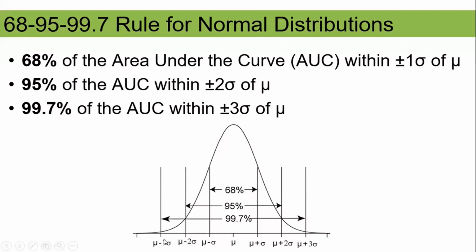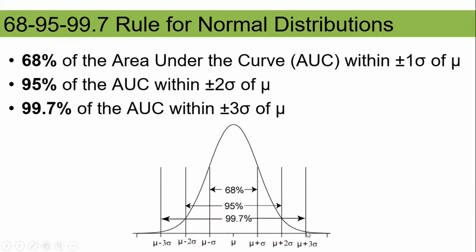And if you go from -3 to 3, or 3 standard deviations away from the mean, then the total area under the curve is 99.7%.